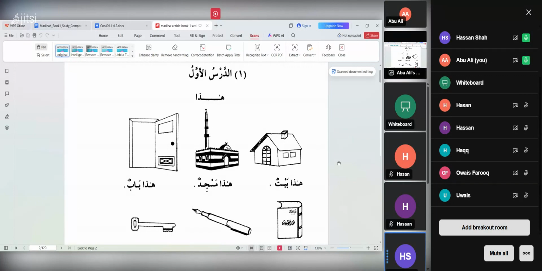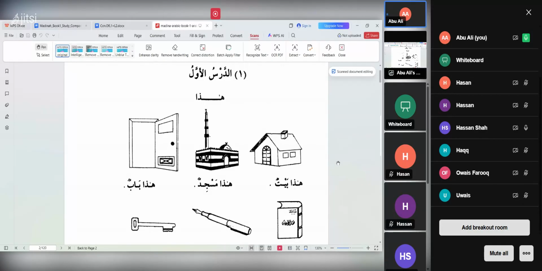So haza baytun. So baytun is the noun. Haza is the predicate. Does that work? No, hada is also a noun, but it's a demonstrative pronoun, and it is the subject. This is why I said it's important to know it in Arabic too.